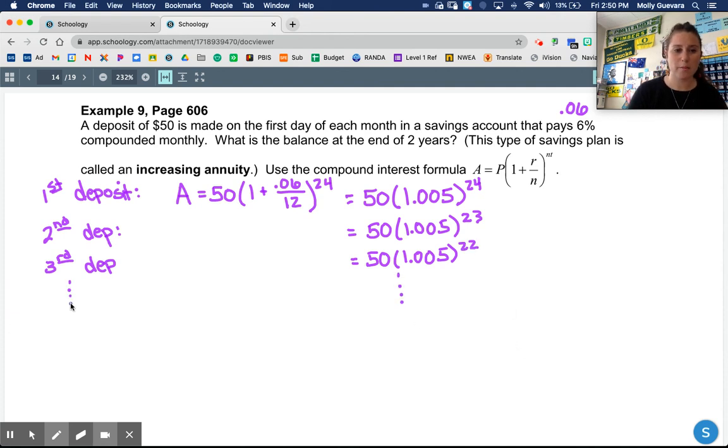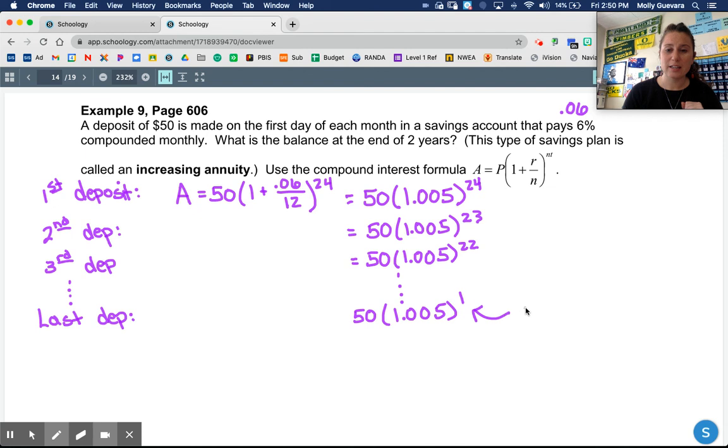We're not going to write them all out. But the last deposit, the one on the 2nd December, I put it in on December 1st. And so that deposit only has 1 month to earn interest, because you put it in December 1st and then interest is compounded on December 31st. And so this guy right here, this is your A1.